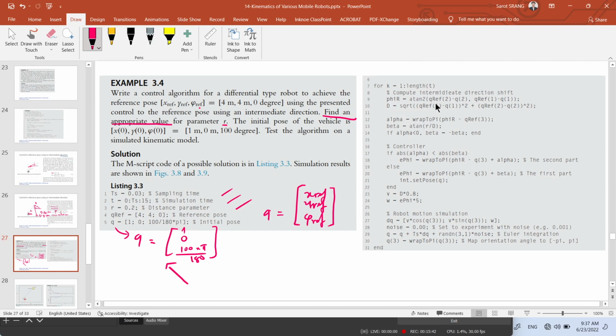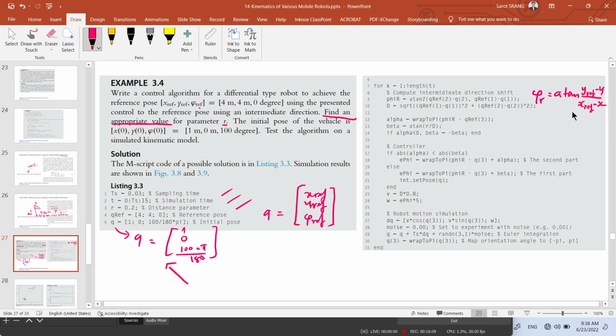First compute phi r. Phi r is just arctan of y ref minus y over h ref minus h.